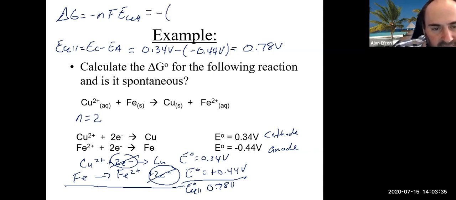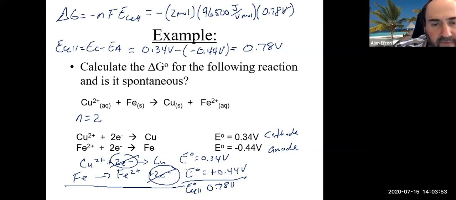That's going to be negative 2 moles times our Faraday's constant, which is 96,500 joules per volt per mole, times our E of the cell, which is 0.78 volts. Volts will cancel, moles will cancel, leaving us joules in terms of our units.